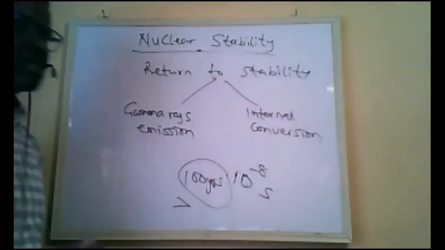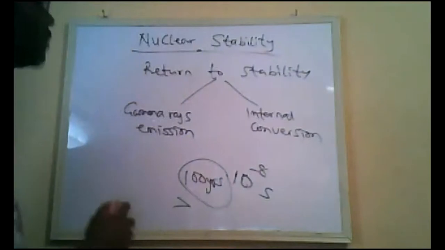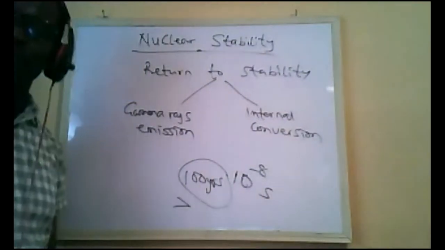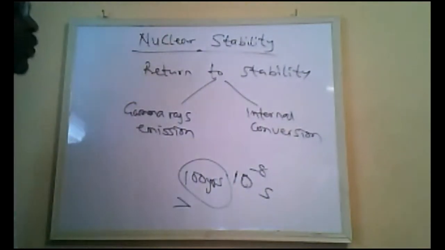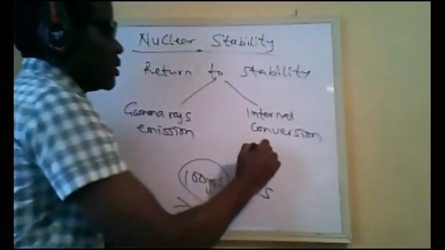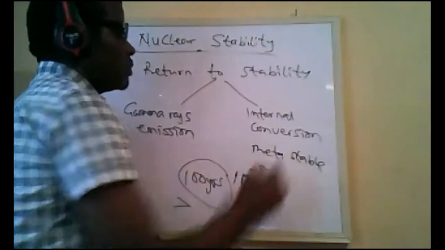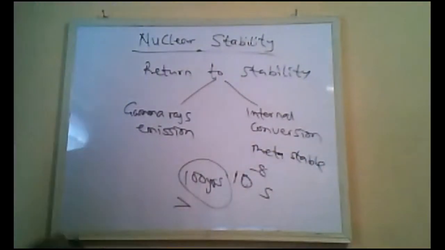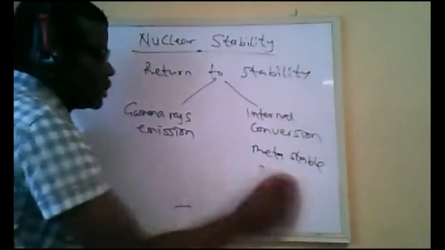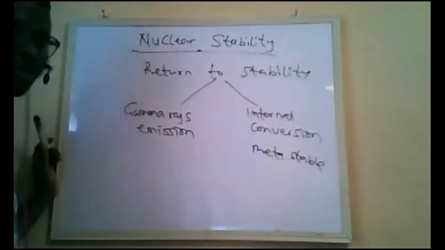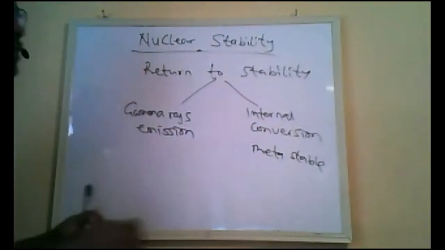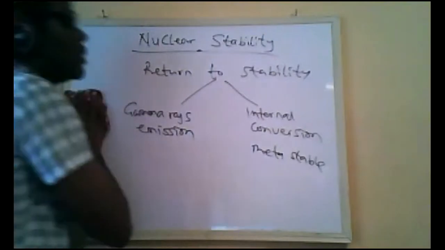The process is very fast, and that is why they are called metastable at times. Their stability comes much faster than that of other nuclides.